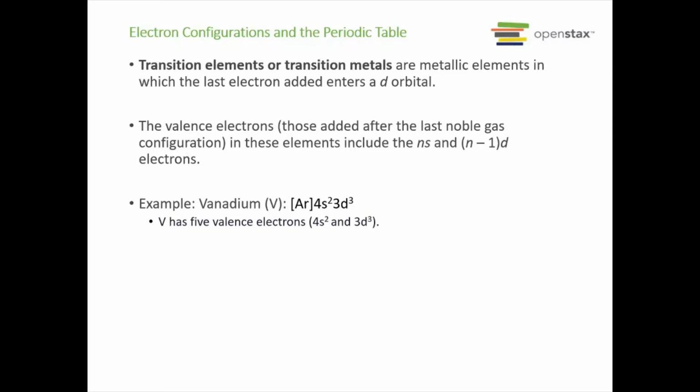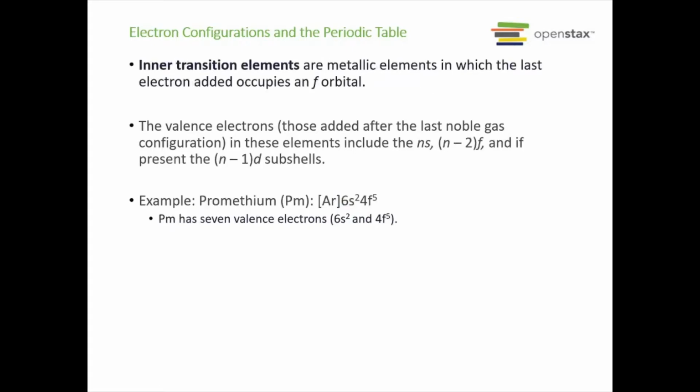Okay, so the valence electrons include the s orbital and the d orbital electrons. So vanadium, for instance, it goes argon 4s2 3d3. Both the 4s and the 3d electrons are part of its valence. So that's a total of 5 valence electrons.